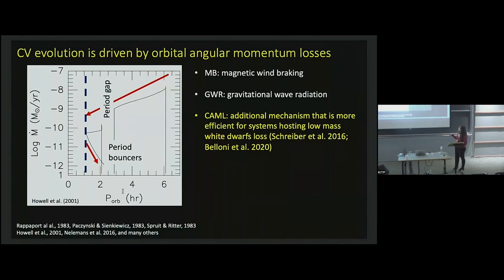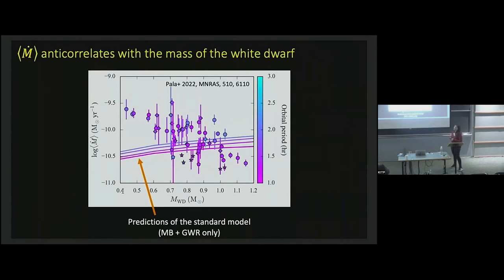And indeed, we also already have some observational support for this kind of mechanism being present in CVs. We measured the mass accretion rate for a sample of cataclysmic variable white dwarfs. If we have a look at the mass accretion rate versus the mass, we find this anti-correlation. Systems hosting low mass white dwarfs accrete at rates that are systematically higher than systems hosting high mass white dwarfs.